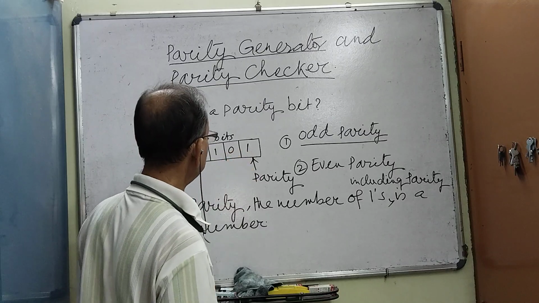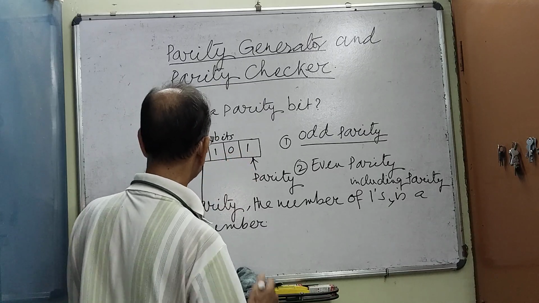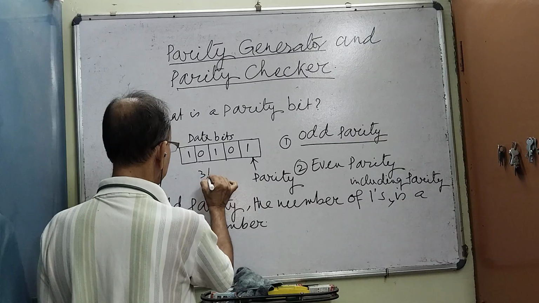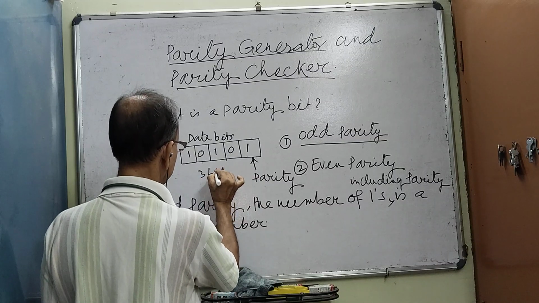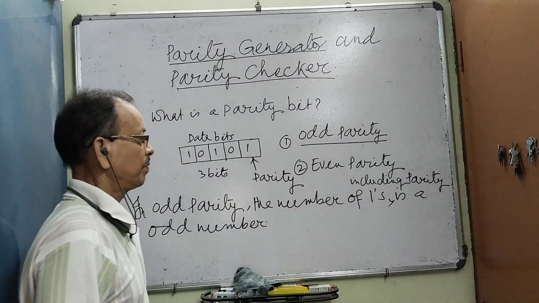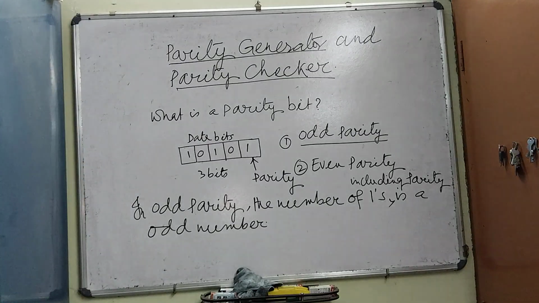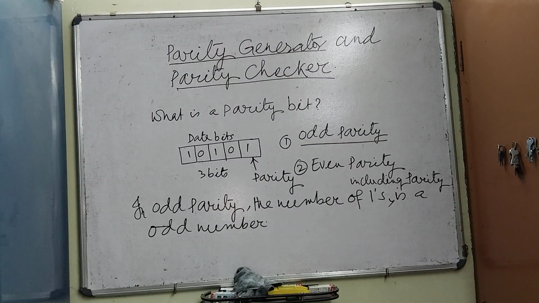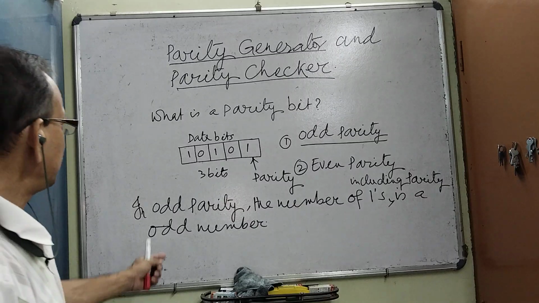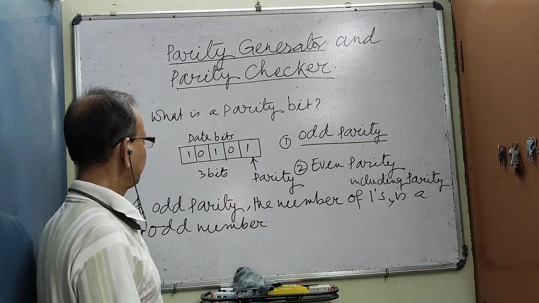So this parity bit will be 1. So what happened? 3 ones. This is odd parity. In odd parity, the total number of 1s including the parity bit is an odd number. So 3 is an odd number.